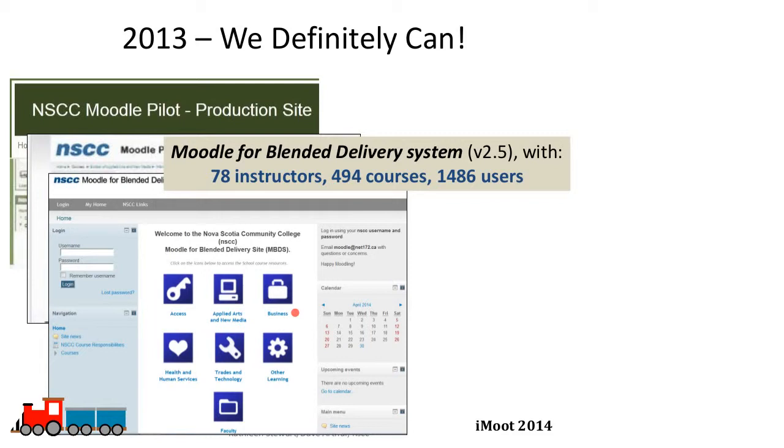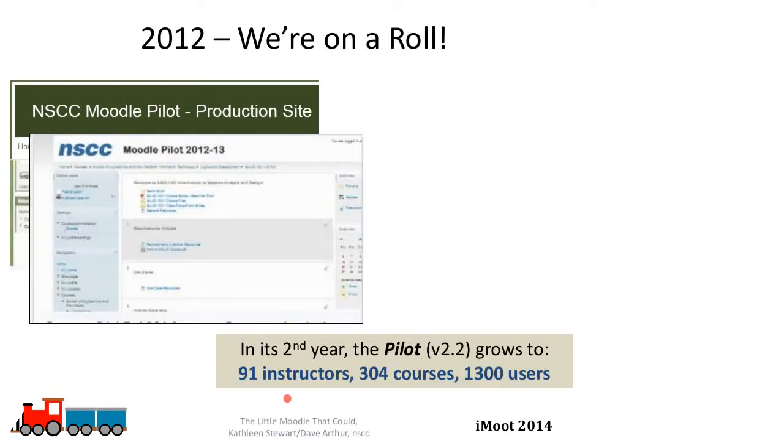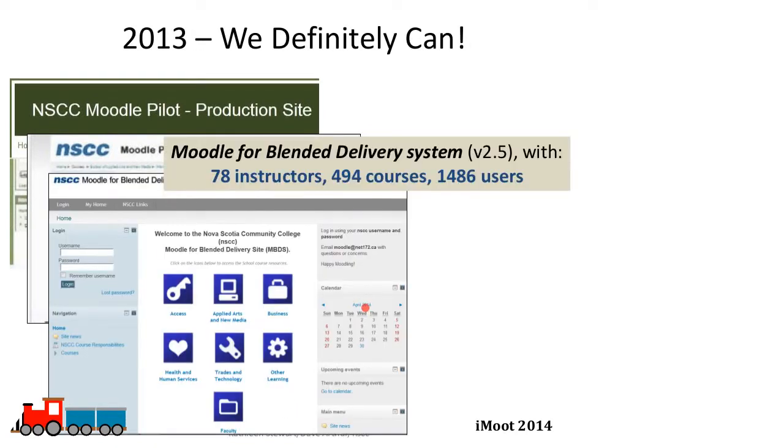We had 91 last year, and that's because people who were kind of kicking the tires last year, some of them have fallen by the wayside, and that's fine. We don't mind that, but you'll notice that in terms of the number of courses, we've gone from 300 to nearly 500. So we only have 78 instructors, but they're using the system much more. So they're 78 committed instructors who are actually using the system for their courses. So we've got 500 courses now and about 1,500 users. So that's where we sit currently.